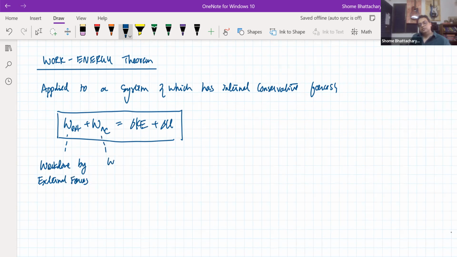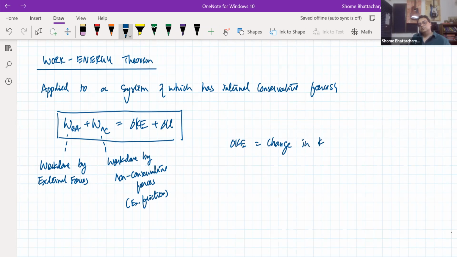This is the work done by any non-conservative forces like friction. And of course, delta K is the change in kinetic energy. And delta U is the change in potential.